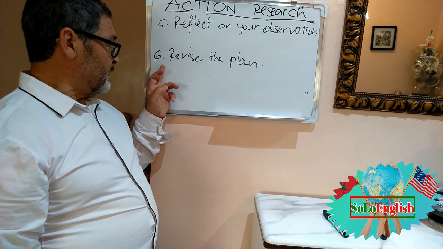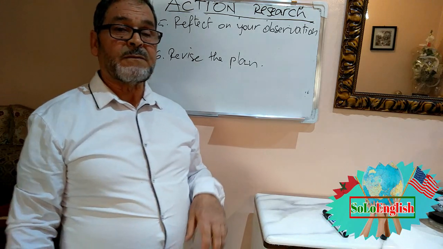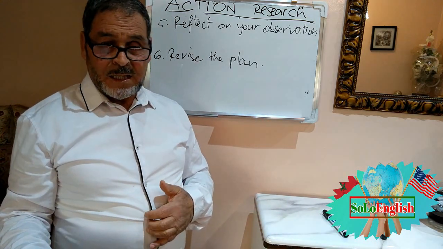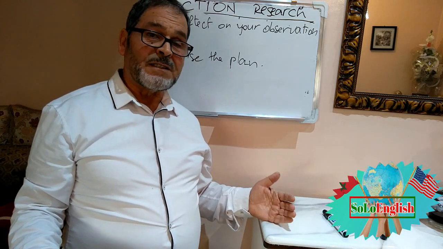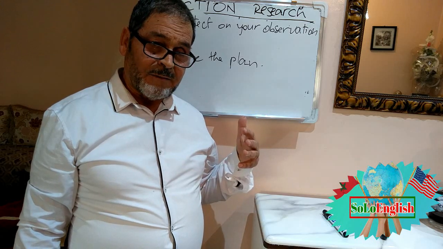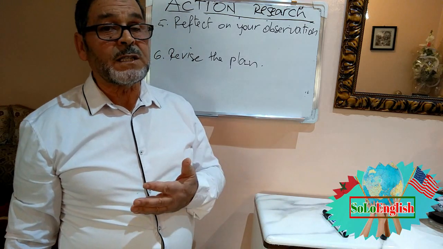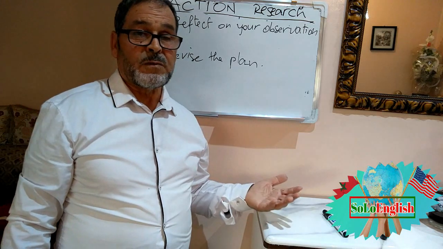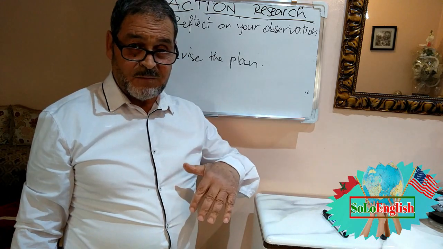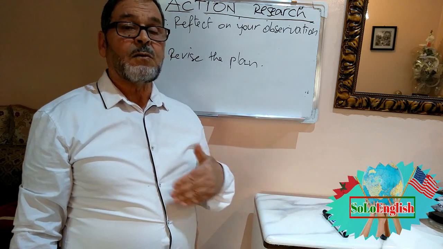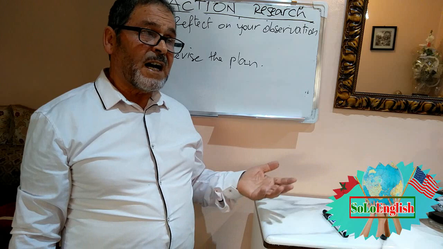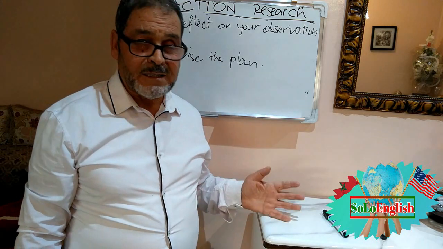And then at the end, 6, revise the plan. We revise in general all the 6 points, and see whether this method or technique is effective or has weak points and a strong way. If it has weak points, of course, we are going to change it with other alternatives, or change it by another method. In fact, there is no perfect method.